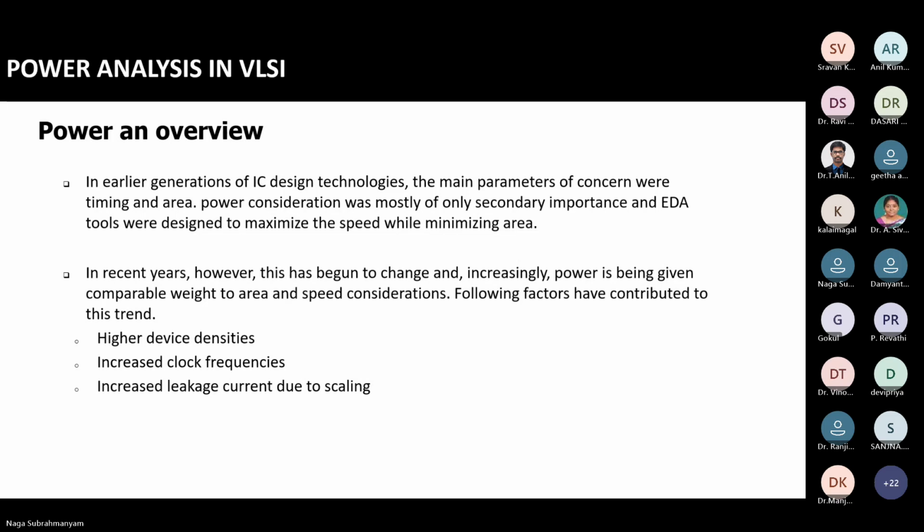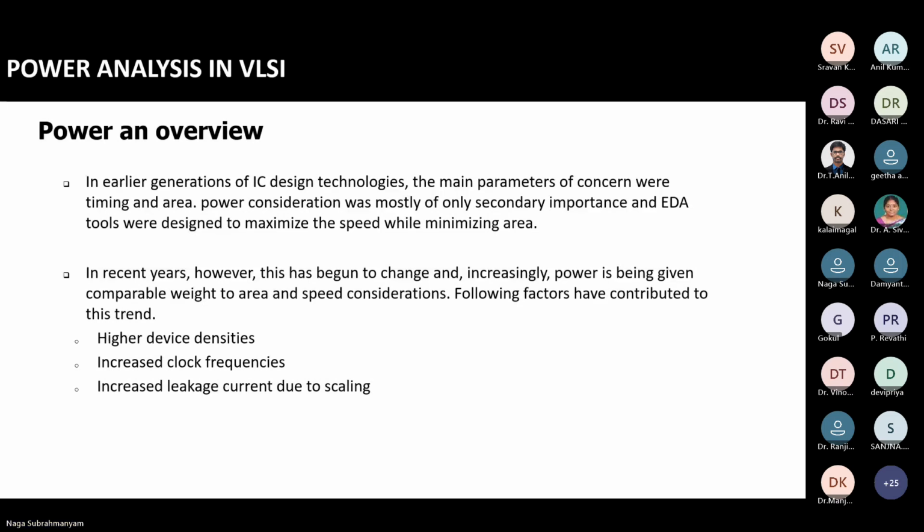So for all those things, the primary aspect is that they have to connect and communicate with each other, so there is a need for power. So how we are managing the power, how we are optimizing the power is the major point here.